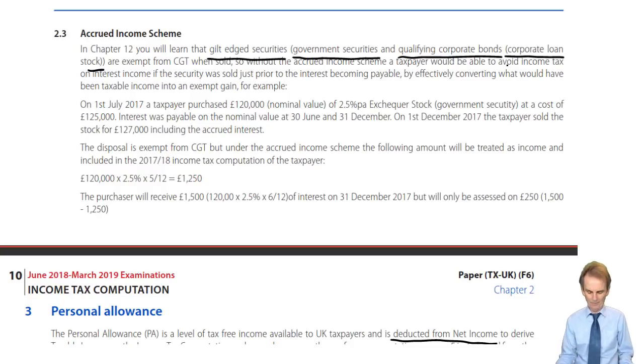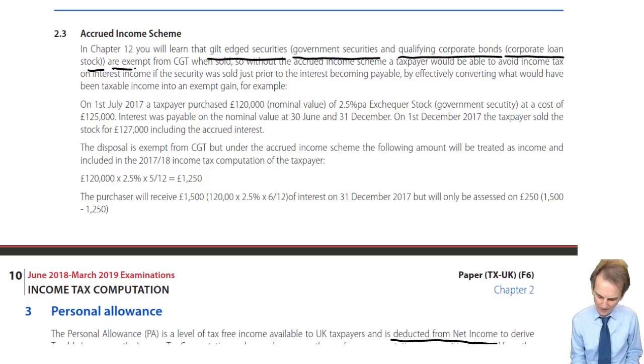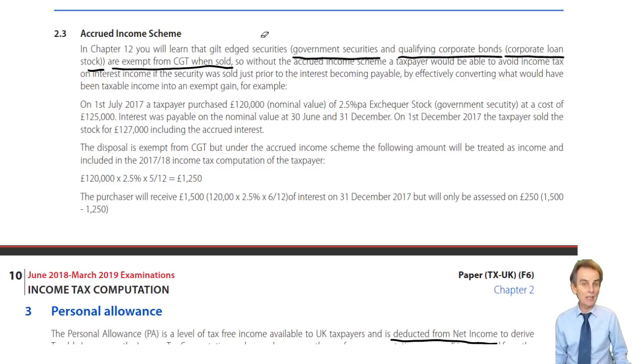But there's an issue about them. These securities, when sold, are exempt from capital gains tax. So when we sell these securities, there's an exemption from capital gains tax.